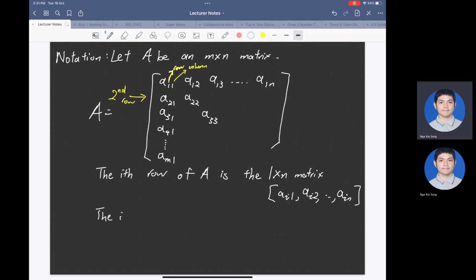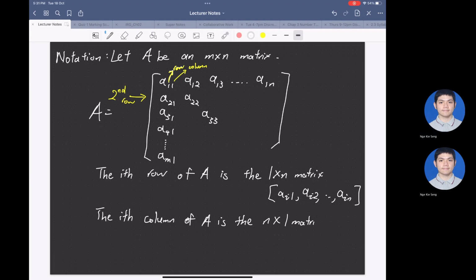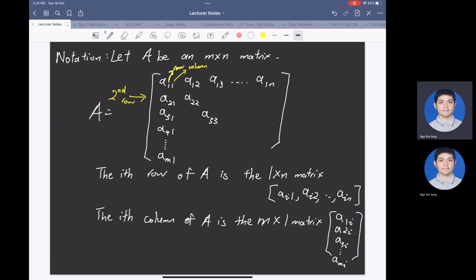And the jth column of A is an m by 1 matrix, so it's the standing one: A1j, A2j, A3j, until Amj.